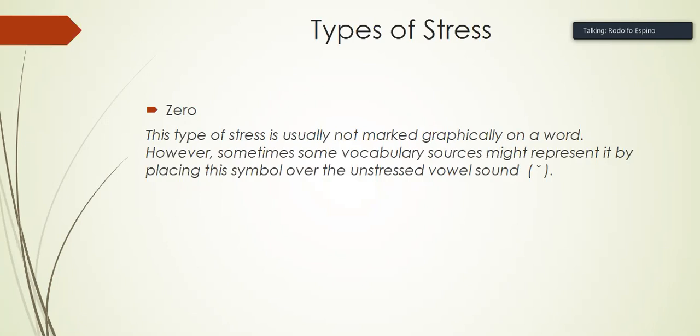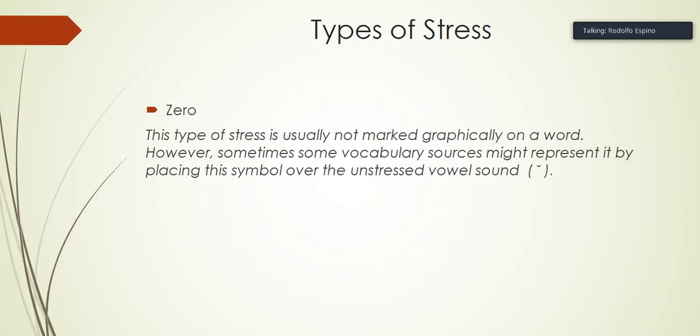So you should not pronounce it loudly. Okay? So I wanted to include an example here, but it was really hard for me to put this thing on top of a vowel. Okay, it was so hard, so I couldn't do it.